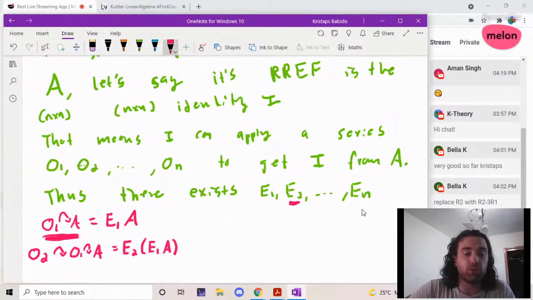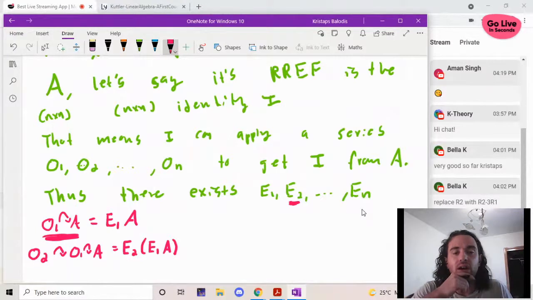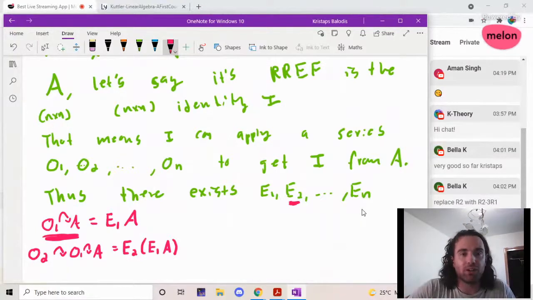Okay, so I realize this is maybe seemingly a little bit abstract, but again, just bear with me for a couple more moments. We'll do something more concrete.